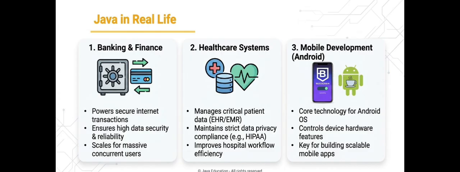Here you can see the use of Java in real life. You can use it in banking and financial transactions. Applications power secure internet banking systems and electronic payment processing. Why do we select Java? Because of its robust security features and reliable handling of massive daily data volumes.